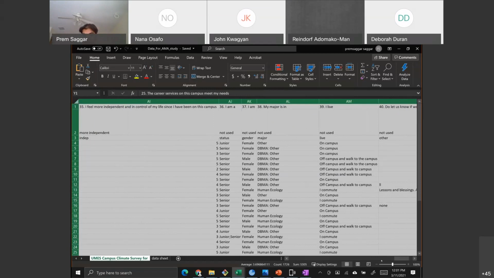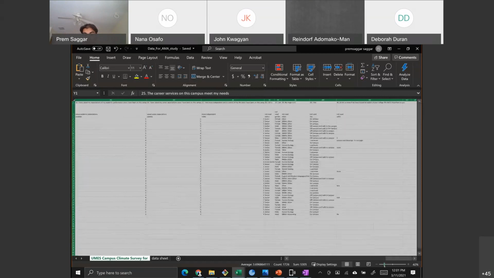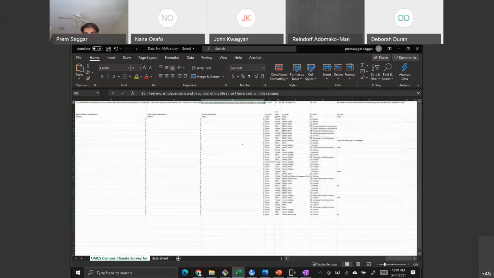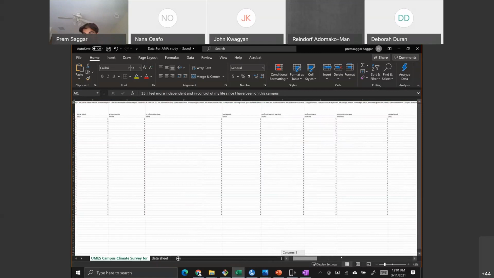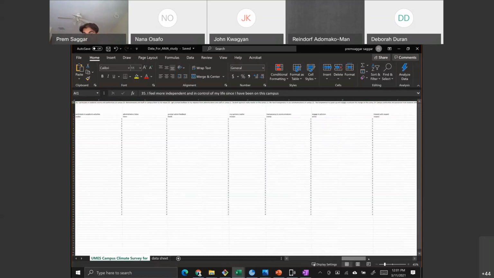So you have to think about that. If you were trying to figure out what we need to do to improve, let's say, I think one of the independent variables was "I feel more independent," right? And I zoomed out here because I wanted you to see the amount of questions you have to deal with. If you were trying to crunch this in Excel, there's not that many rows, but there's quite a lot of variables, right?